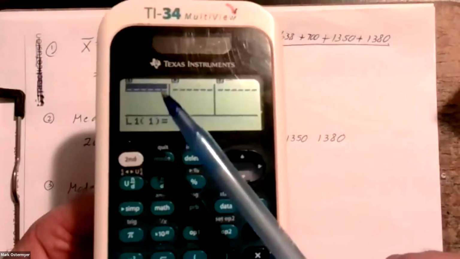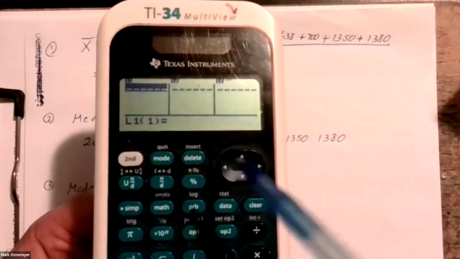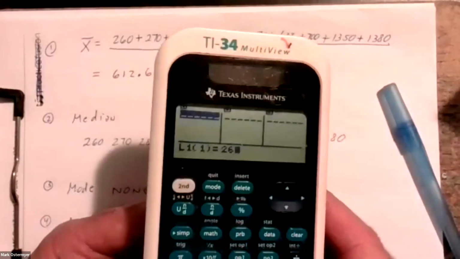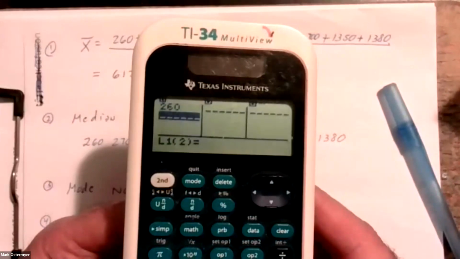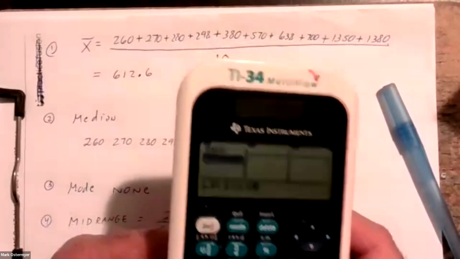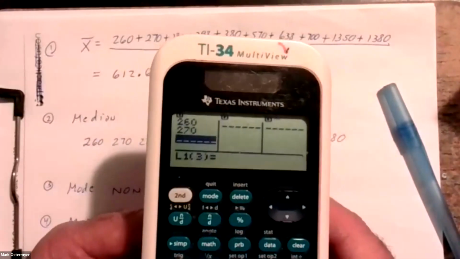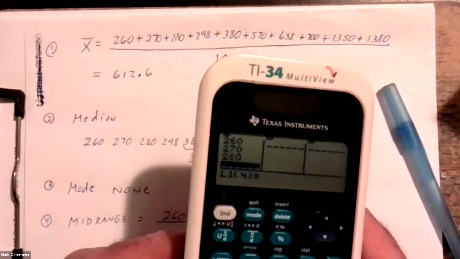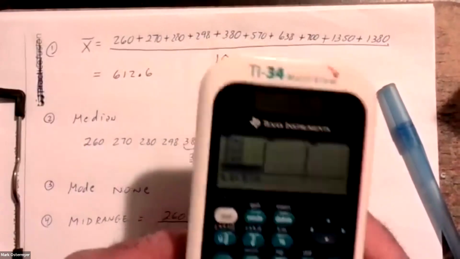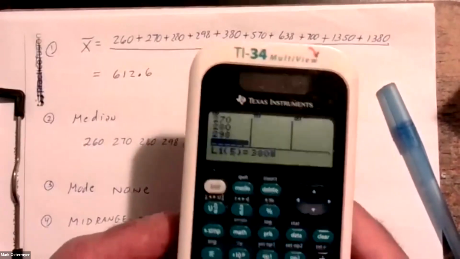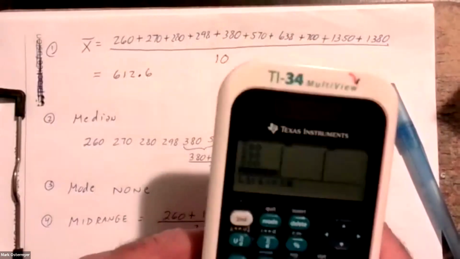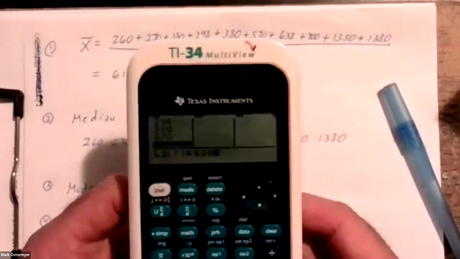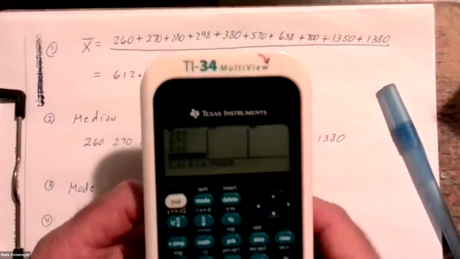Then you type your data into list 1. So I'll type in 260, enter, and then 270, enter, and I'll keep loading up this list with all my data. 380, 638, 700.